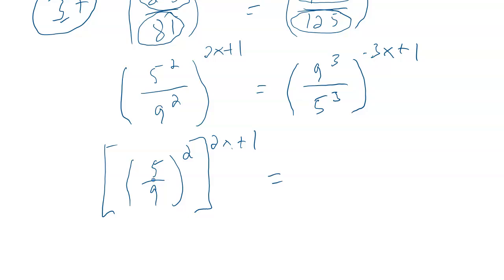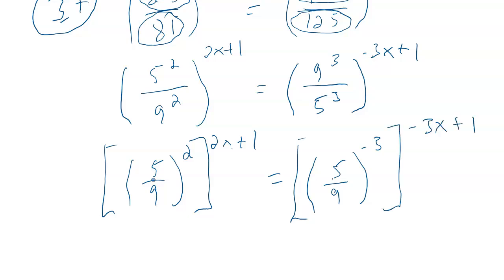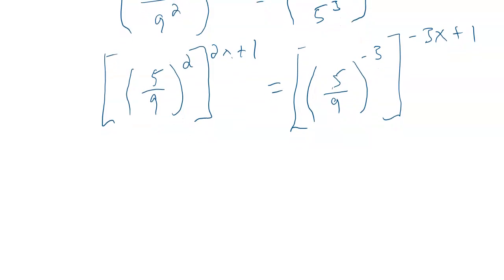Now I have to invert this. We have to pick up a negative exponent. And this is obviously 9/5 to the third power, so this is going to be 5 ninths to the negative third power, raised to the negative 3x plus 1. When an exponent's raised by an exponent, I multiply them.